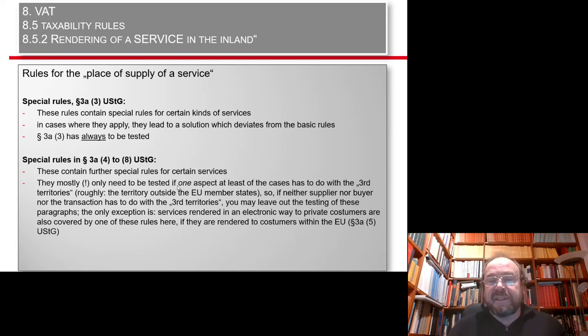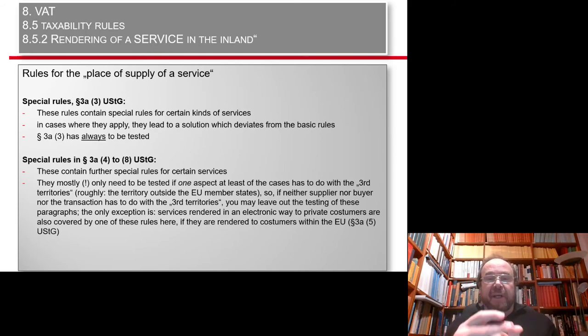Some special rules deviate from these basic rules, and you always have to check the catalog in 3A paragraph 3, and the special rules contained in the paragraphs or subsections 4 to 8 UStG only need to be checked in most cases if the case has some connection with third countries.